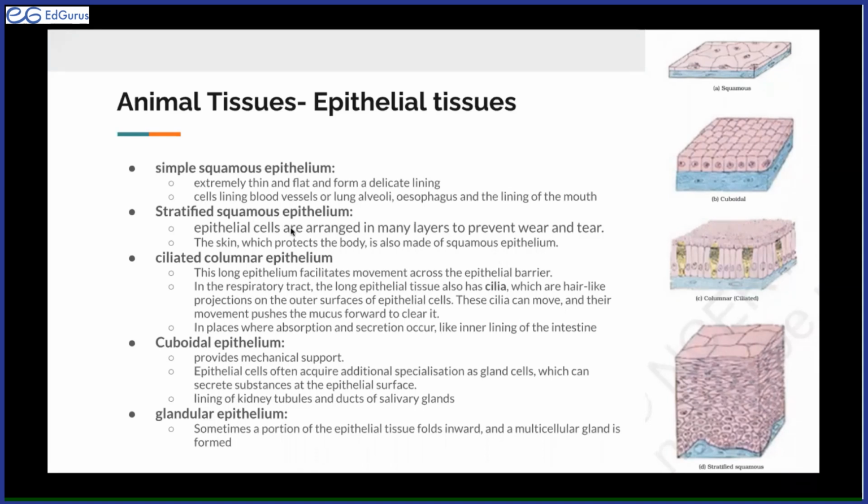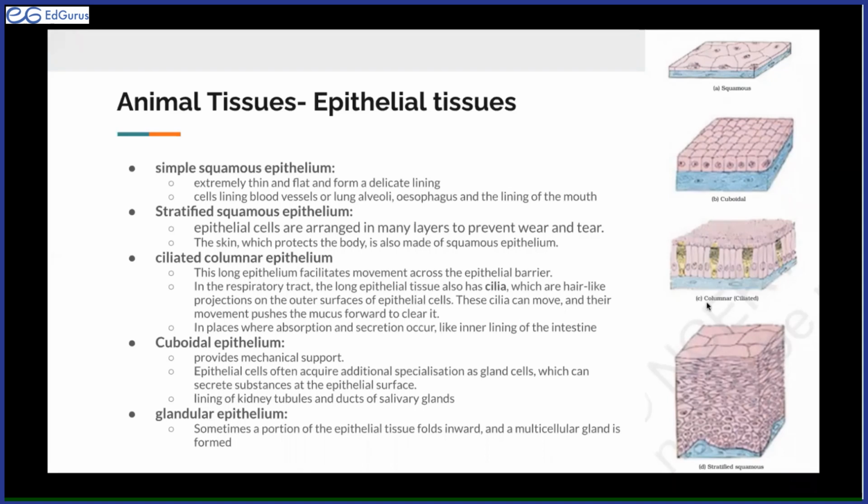Okay, so the third type is ciliated columnar epithelium. Now here you can see that this is the ciliated columnar epithelium. Basically, this long epithelium facilitates movement across the epithelial barrier. So the main function of this type of epithelium is so that there can be movement of substances from above the barrier to below the barrier.